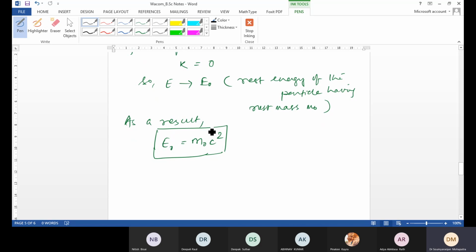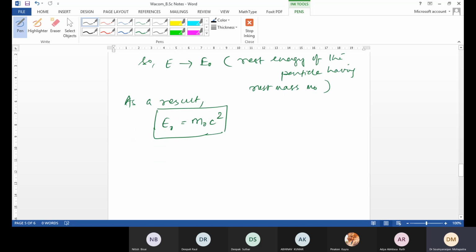So the difference between total energy and rest energy of the particle is called the kinetic energy of the particle.